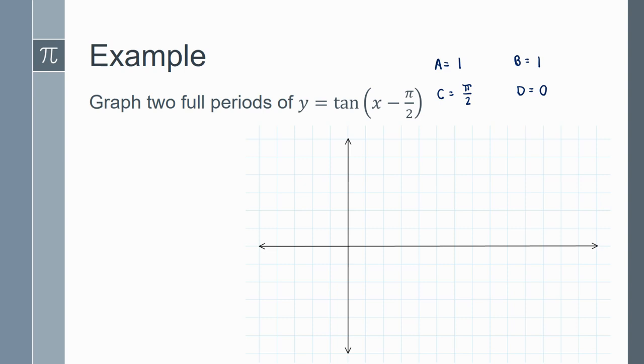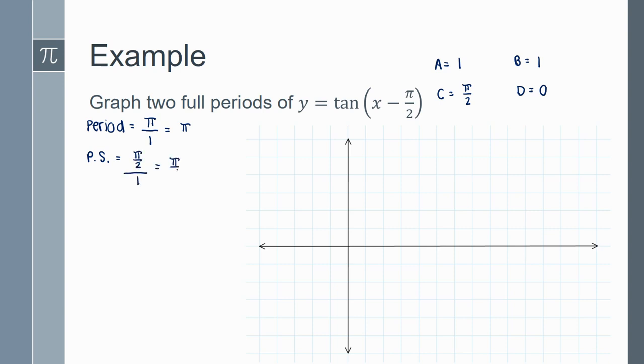Can't identify amplitude, there is none, but we can identify the period by taking pi divided by the absolute value of b. So absolute value of 1 is 1. I'm going to label phase shift as PS. Remember, that's C divided by B. So C is pi over 2. My B value is 1.